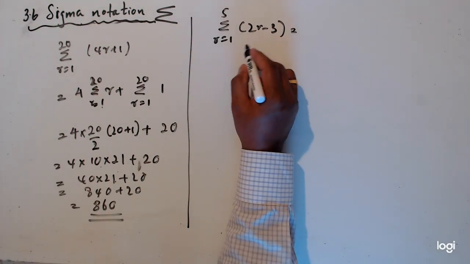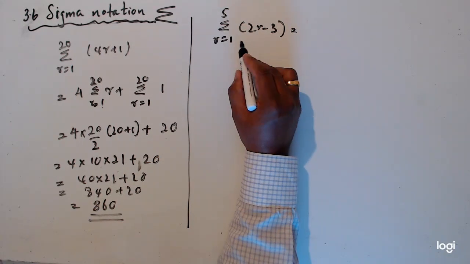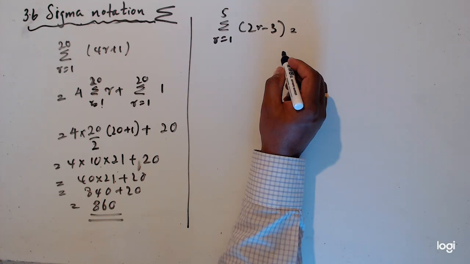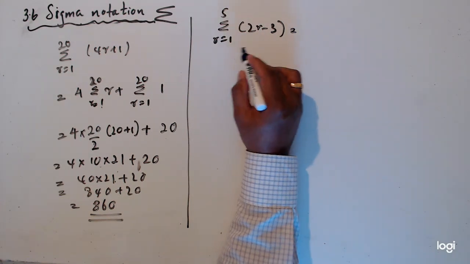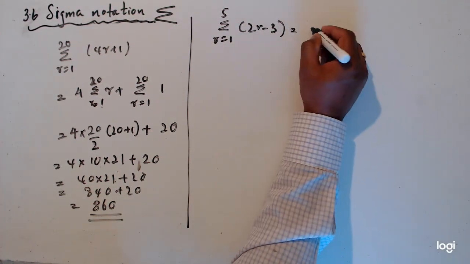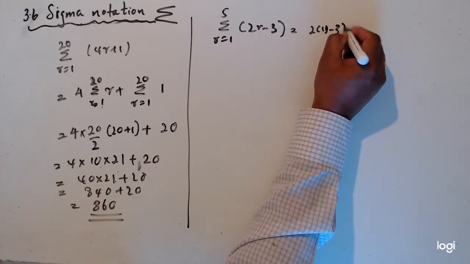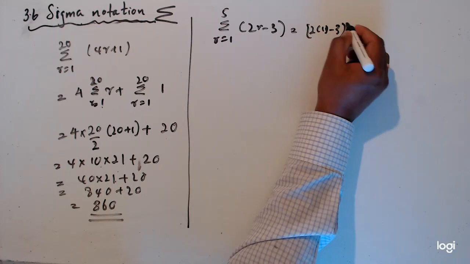In the book I can see this series, so we have to write the series, so it is so simple now. So 2 times 1 minus 3, that is minus 1.